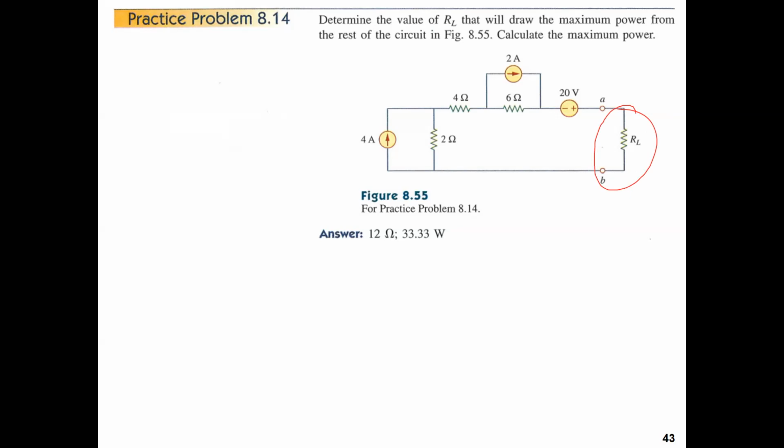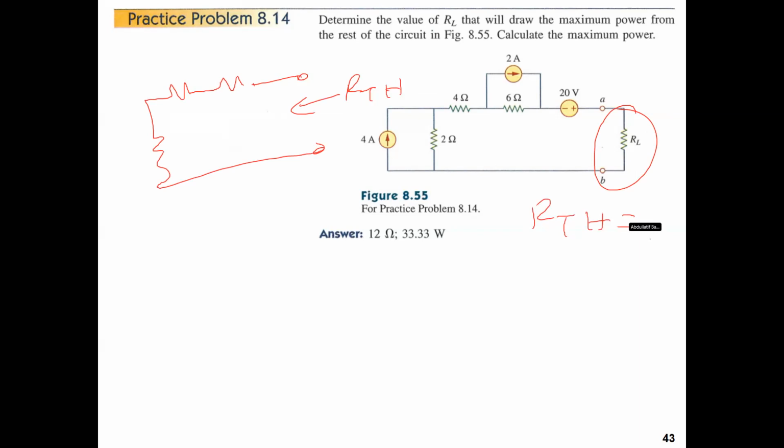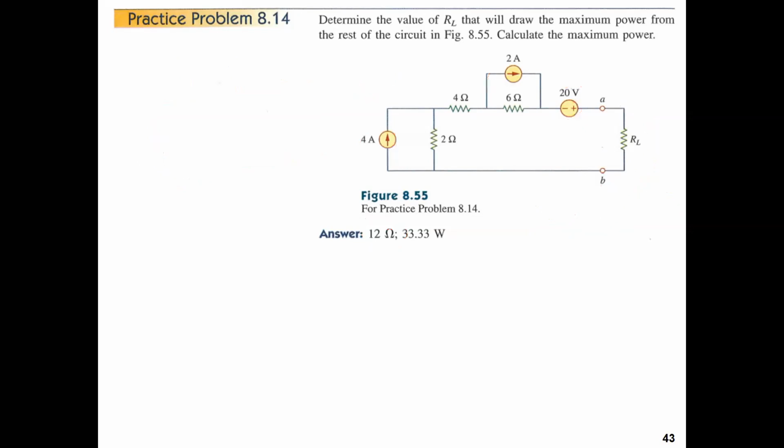So we remove RL, and we have 6, 4, and 2. So basically RTH is equal to 6 and 4 is 10, and 2 is 12. So simple if you know what to do: short, open, open. VTH might take a little bit longer, depending on what technique you use.